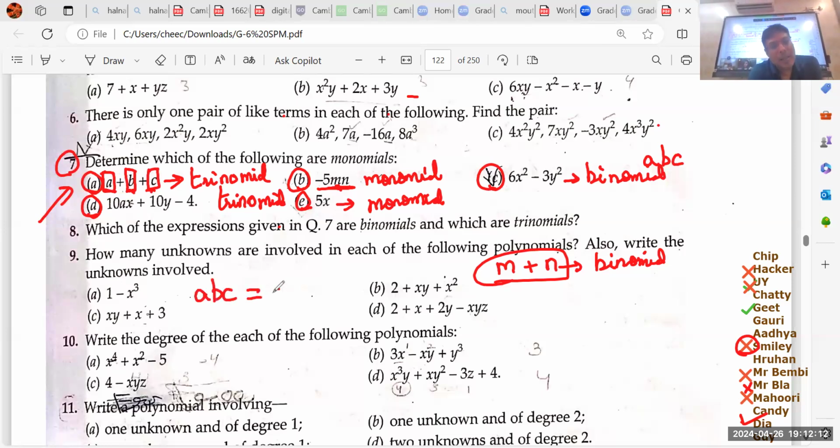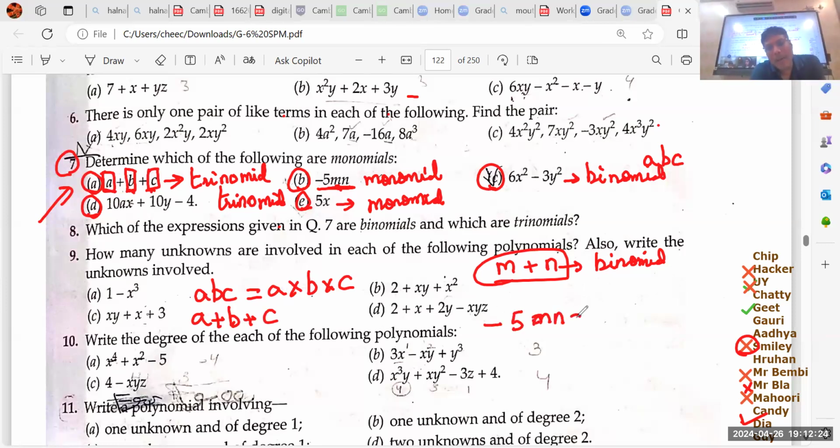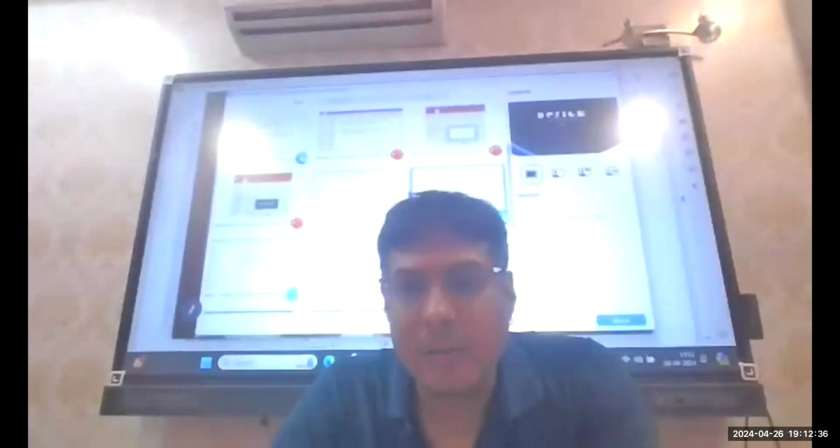ABC means A multiplied by B multiplied by C. But then how can we write minus 5mn? Minus 5mn means minus 5 multiplied by m multiplied by n. We will do this also now. Why can't we write A multiplied by B multiplied by C? We will do it plus sign.